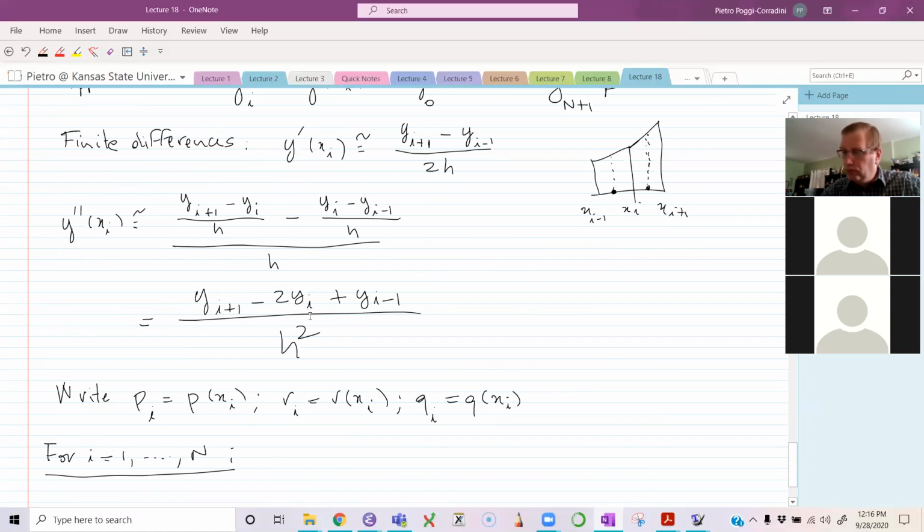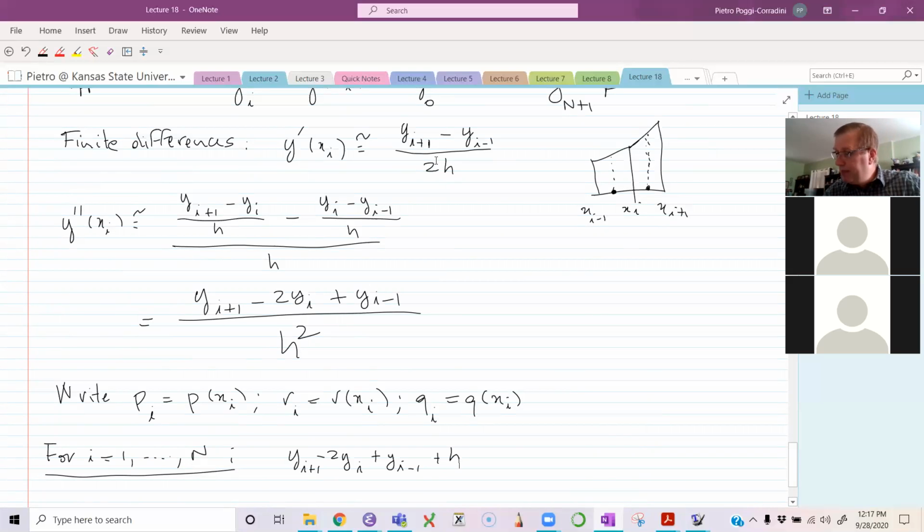And let me multiply everything by h squared. I get y_{i+1} minus, then if I multiply everything by h squared, I'm going to have an h here multiplying the term p y prime, right? Because one h will cancel, but the other one will remain.